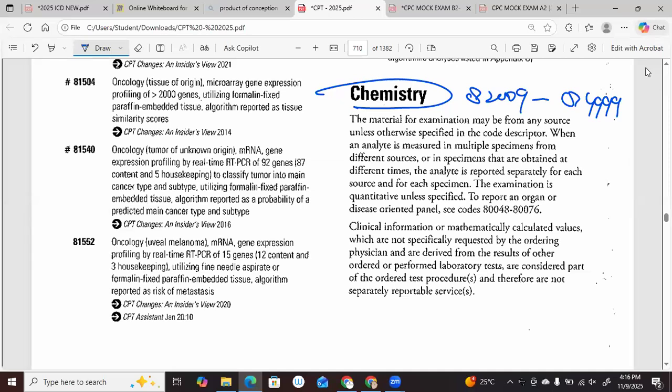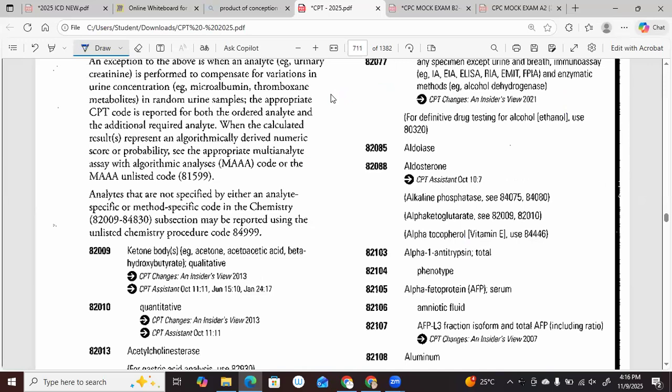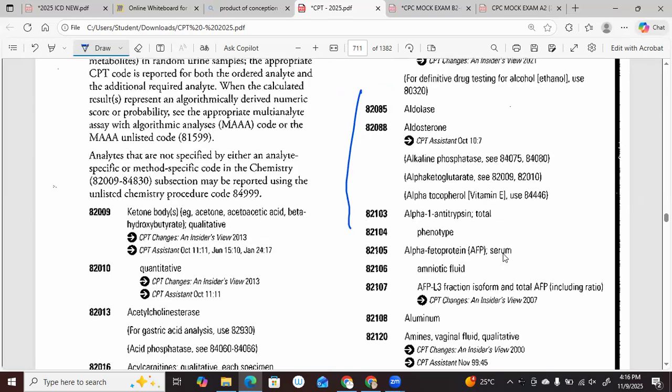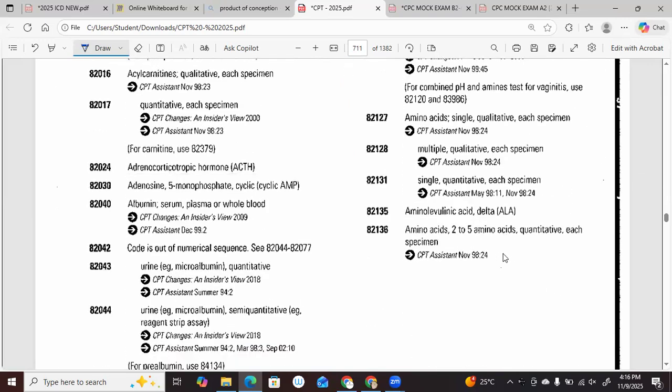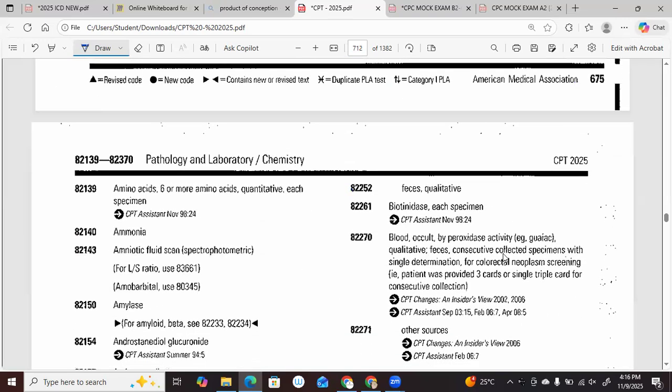All these tests are listed in alphabetical order. Let me show you here. You can see first we have a code from the A series, then we have a code from the B series.